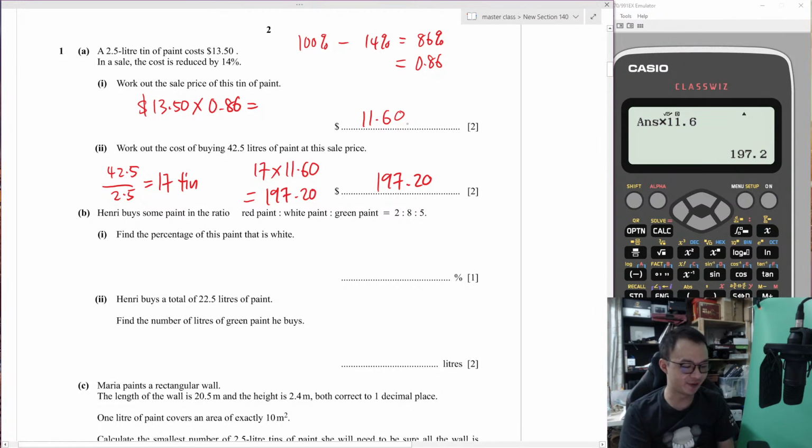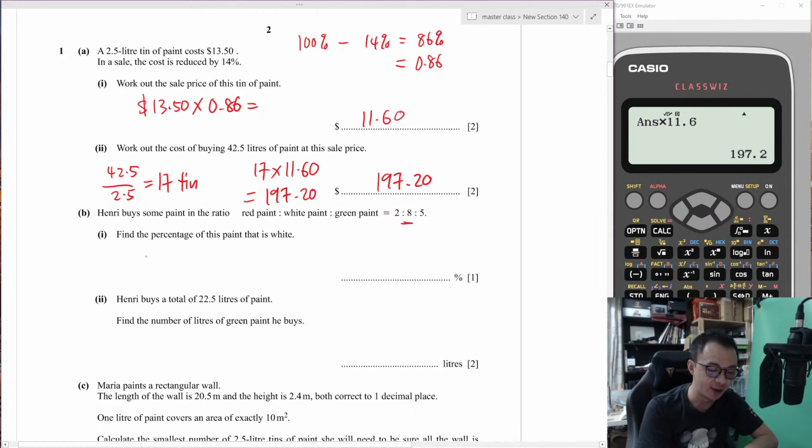Henry buys some paint in the ratio red, white, green of 2, 8, and 5. Find the percentage of this paint that is white. I want to know white, so I just need the ratio of white, which is 8, over the total ratio. Adding together, you get 15. So 8 over 15. They want percentage, so multiply 100%.